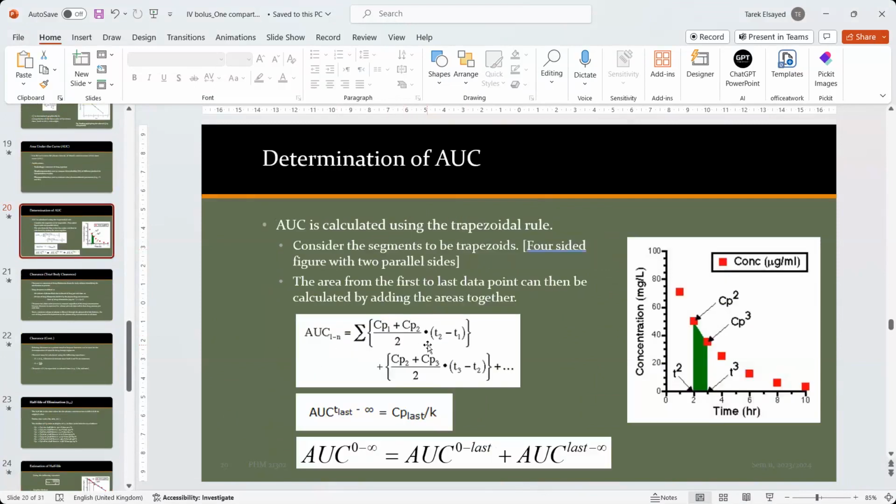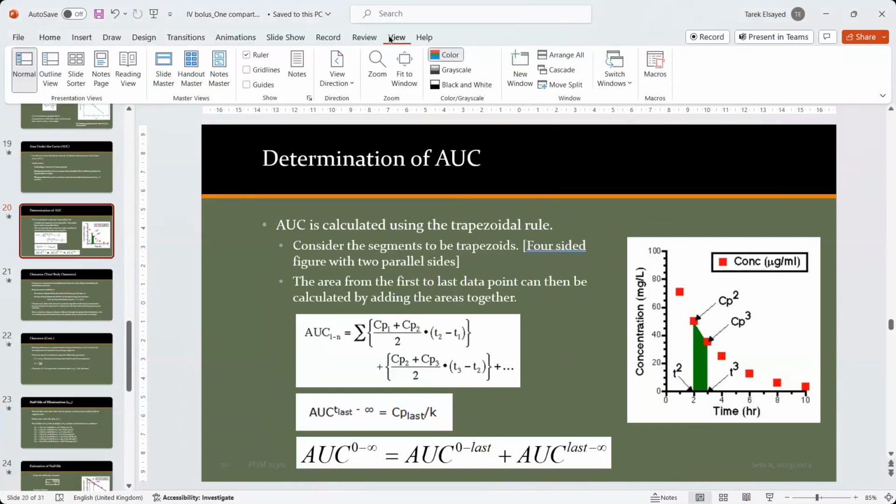So you calculate the sum for all the trapezoids in order to calculate the area under the curve till the last measured concentration.